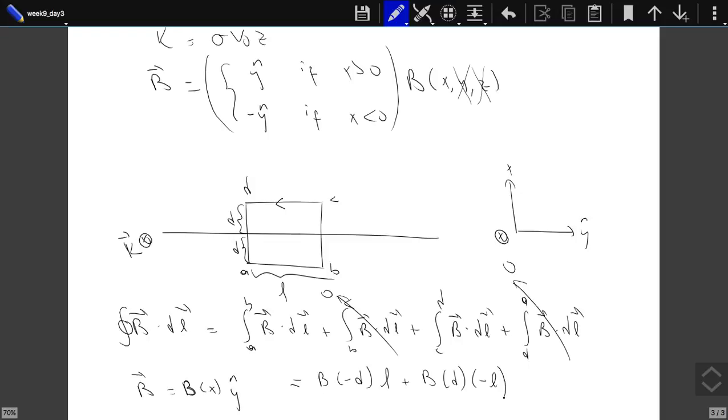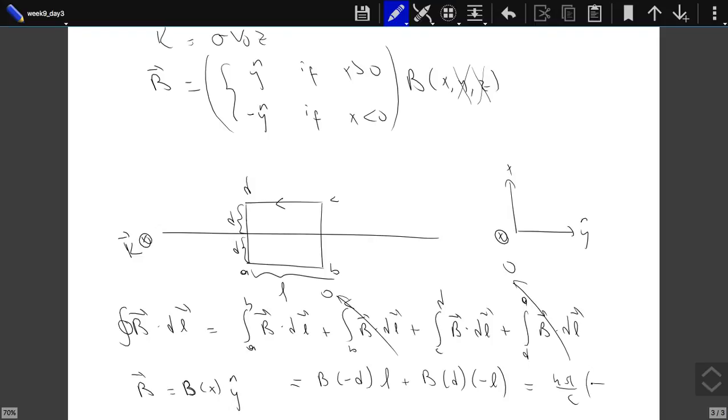Because we are going in the minus y-hat direction from C to D. And this should be equal to 4 pi over c times the total current passing through this loop. What is the total current passing through this loop? Minus KL. Because if you just use the right-hand rule, out of the screen is the positive direction of the current. The current is running in the opposite direction, so it is a minus.